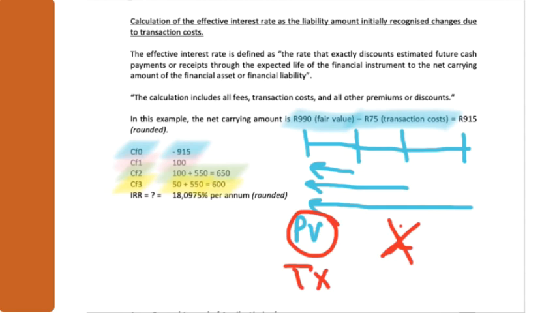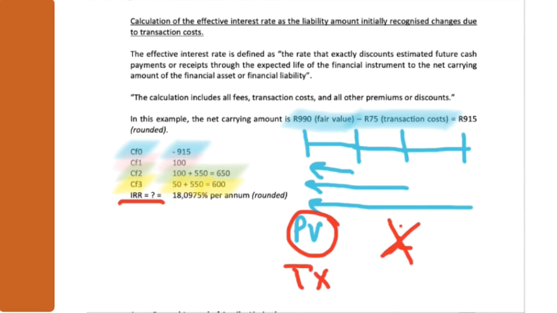And now we ask our calculator to calculate IRR. That is our interest rate. It's called internal rate of return. It is your effective interest rate that you will use to account for this debenture going forward.